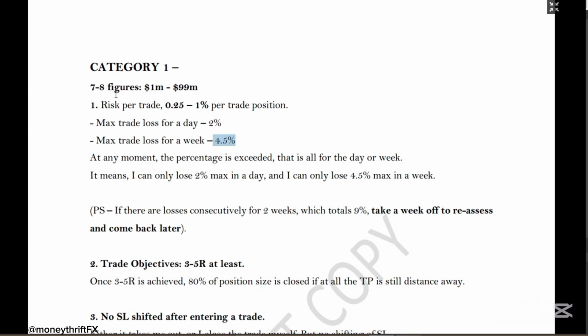Okay, let's move on. So category 1, 8 figures, $1 million to like $9 million. Risk per trade is 0.25 to 1% risk per trade. In Nigeria right now, this figure is a little bit big. Since you are likely going to be trading smaller money, you can increase your risk since the money is small, and if you lose some of it, it won't be that painful.